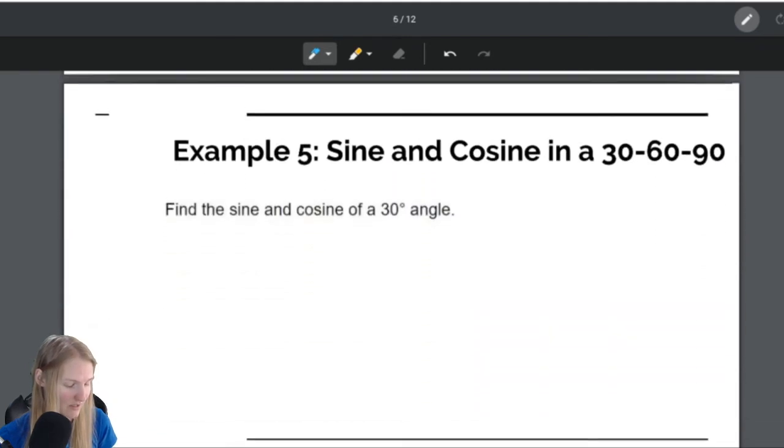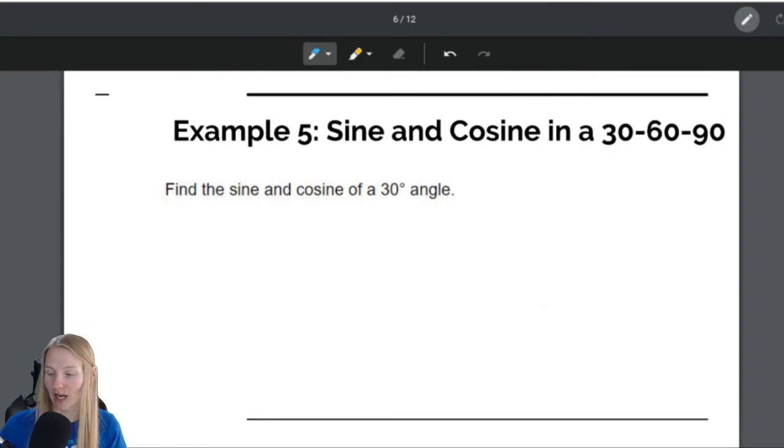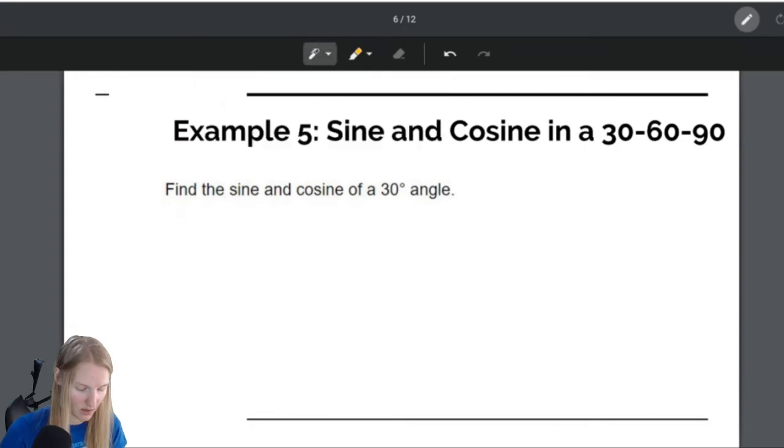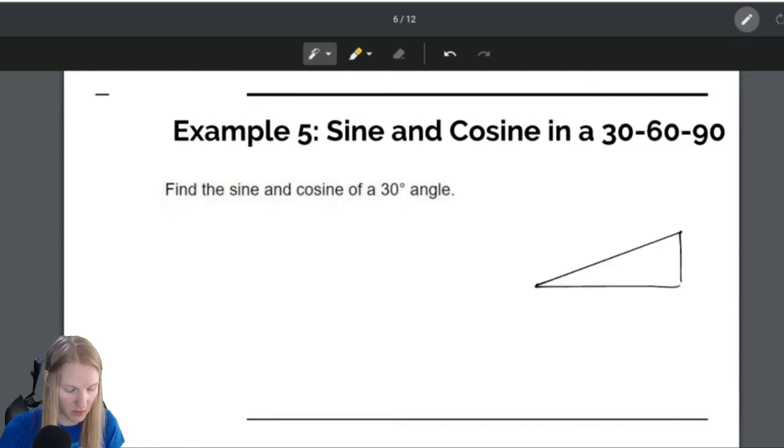Okay. Our next example is sine and cosine in a 30, 60, 90 triangle. So, let me draw us a... it's not the best, but it'll do. Not totally to scale, but that's okay. 30, 60, 90.